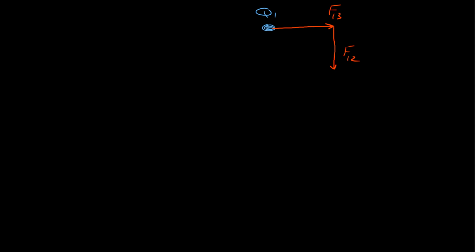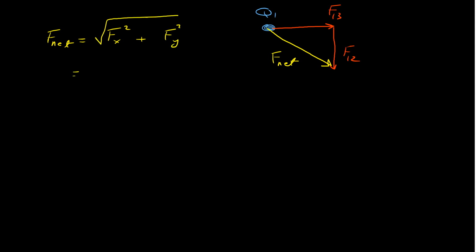Now the net electrostatic force will be this one, that's what we call the F net. So if I want to calculate the net electrostatic force, it will be the square root of Fx squared plus Fy squared, or the square root of F13 squared plus F12 squared.